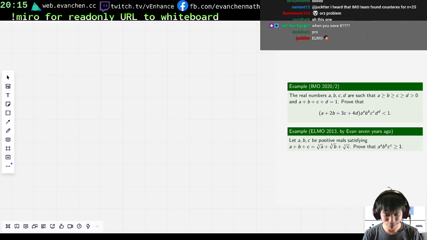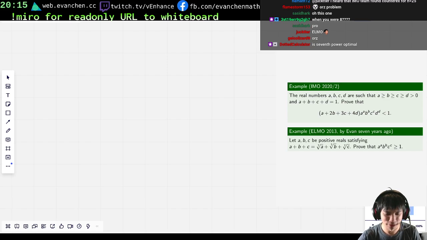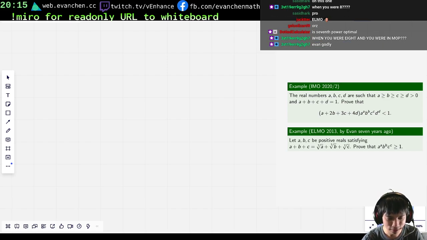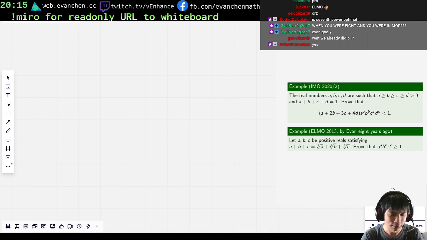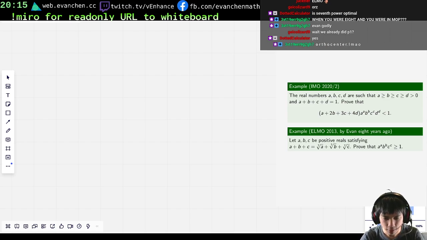So what happened when I was setting this problem, this is actually 8 years ago, sorry, I'm lying, because this Elmo took place in June, so this was about 8 years ago. The idea was that in the Elmo problem, I had this weighted AMGM idea, where I originally was thinking, well, if I have a plus b plus c times a, this has these a to the a, b to the b, c to the c.